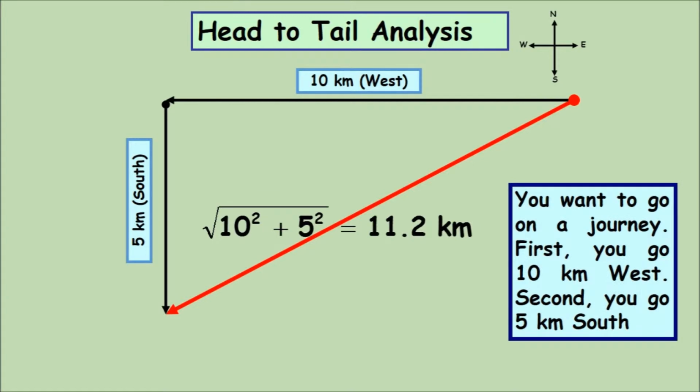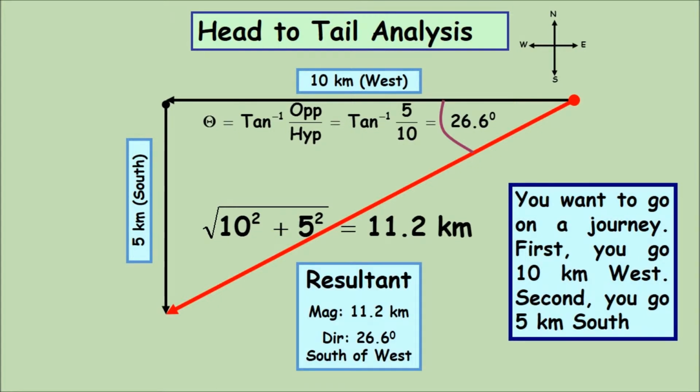You can see how I'm doing the addition, the graphical analysis, and that's going to be 11.2 kilometers, and then the arctangent of 5 over 10 would be 26.6 degrees. So notice I have my compass in the upper right hand corner all set up, and that's a summary, the resultant of my problem.